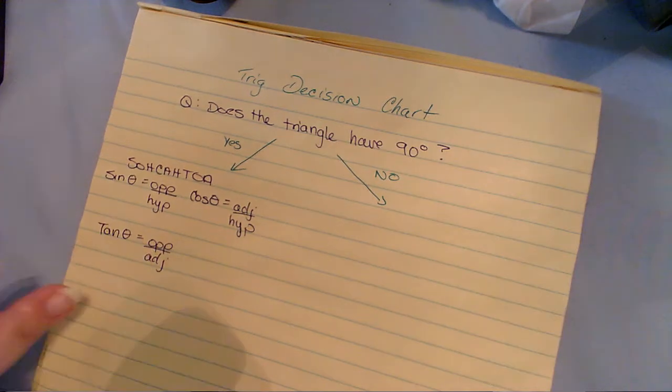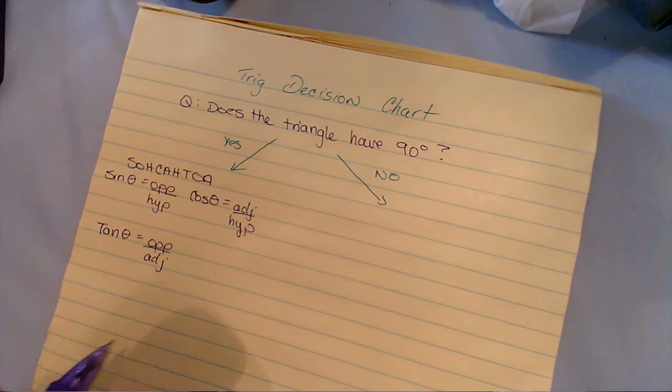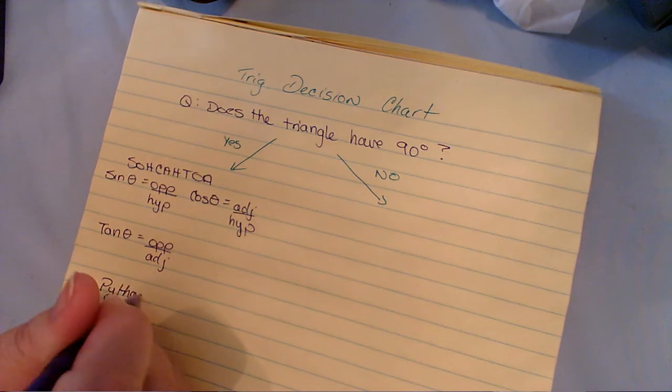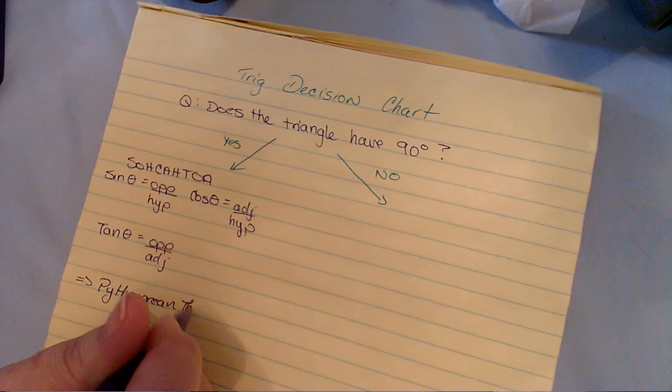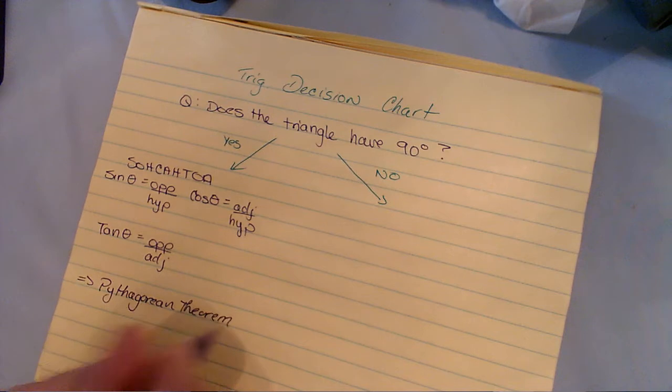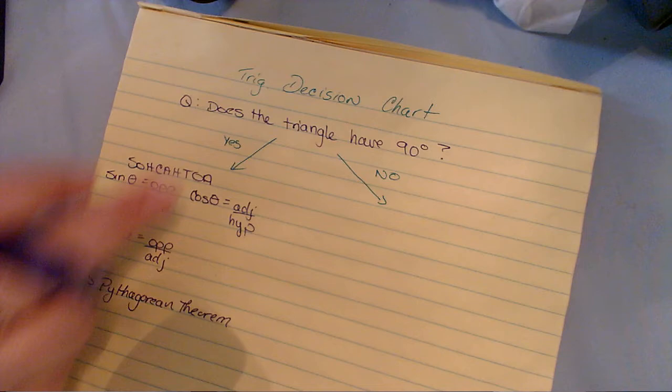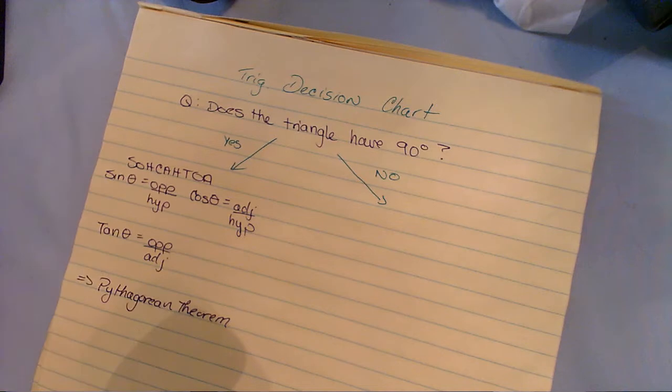So that's what you're allowed to use if there happens to be a 90-degree angle in the triangle. You are also allowed to use Pythagorean theorem. So that's your a squared plus b squared equals c squared stuff. Remember, that only works in 90-degree triangles. So of course that's allowable as well.